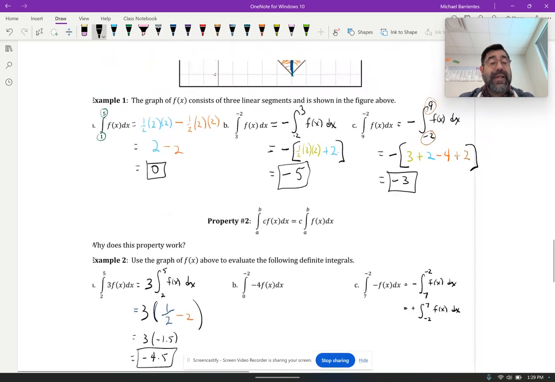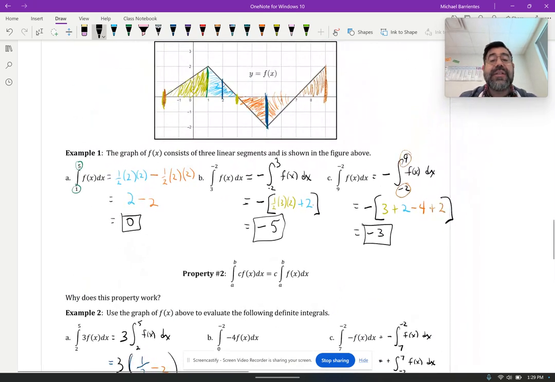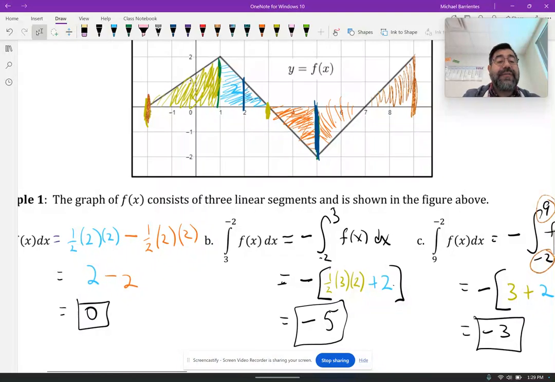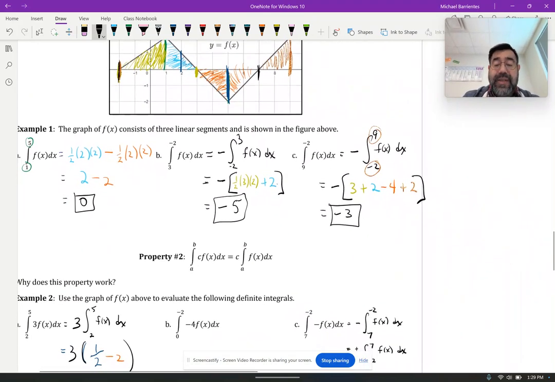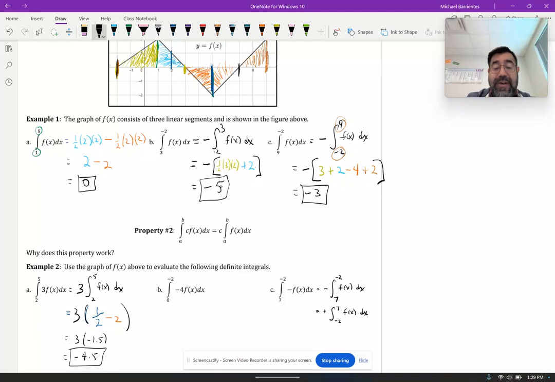And now when I come back and I look at negative 2 to 7, that would be from here, negative 2 to 7 over here. I think we found all those values. Awesome. So then all I have to do is put those values together, and those values are just going to be their normal values because my limits are now correctly set up to go from left to right, and my integral is positive.